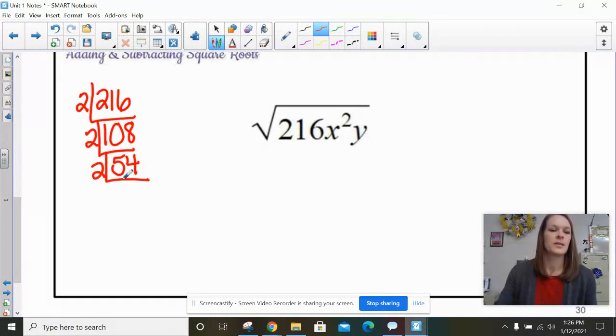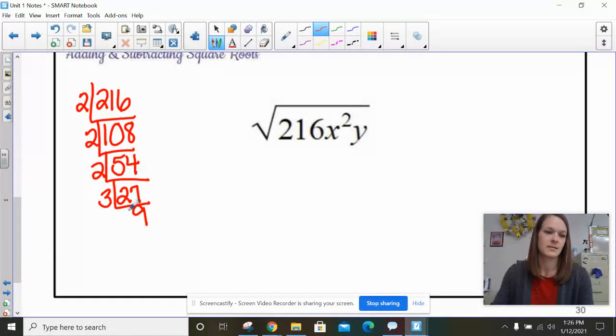Divide that by 2 again. I think that's 27. Now I can't divide by 2 anymore, but I can divide by 3 and get 9. Divide by 3 again and get 3. Divide by 3 again and get 1.